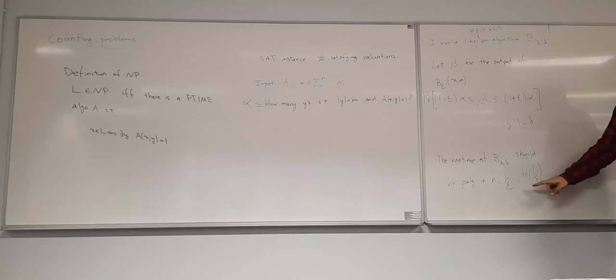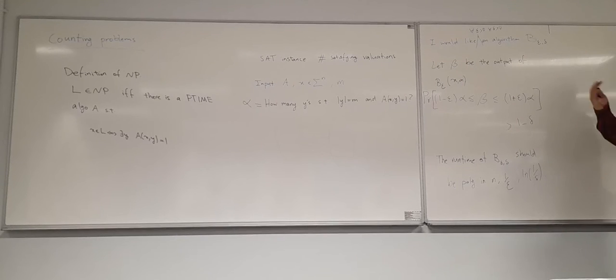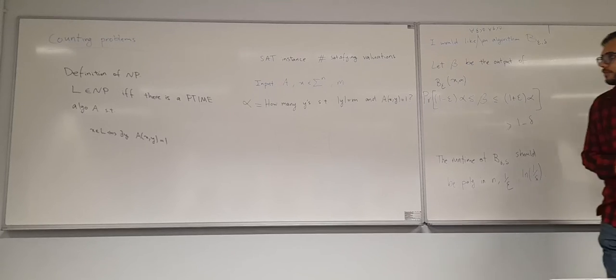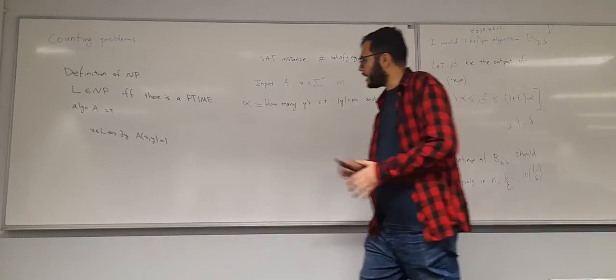Right? So that's why I don't need 1 over delta here, I just need its log. So yeah, this is like a randomized, fully polynomial time approximation scheme. Okay? So this is what I want to achieve.